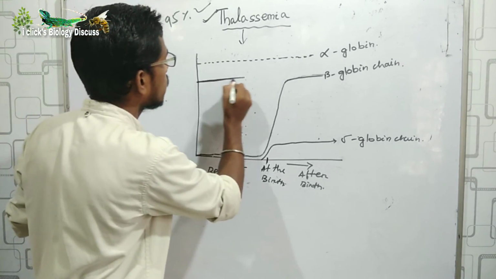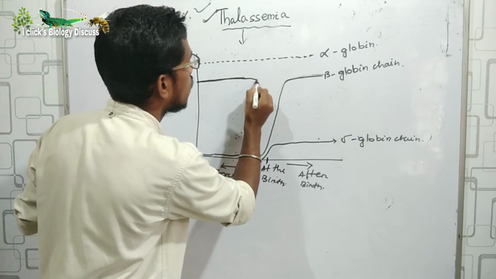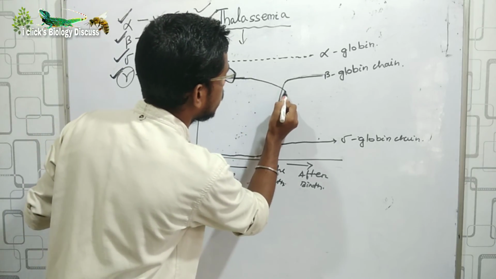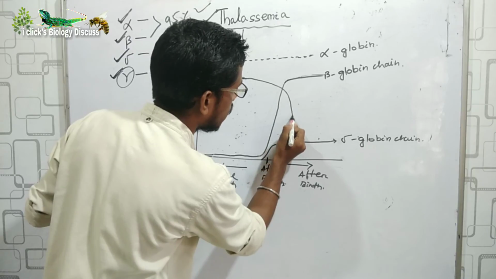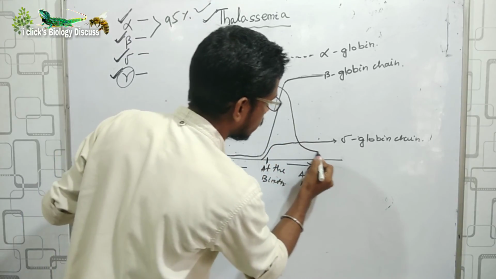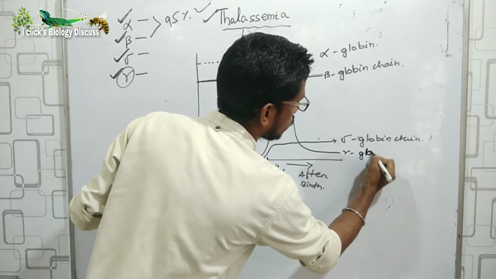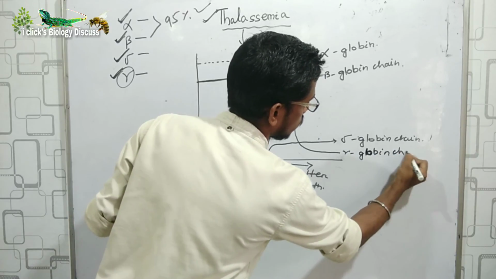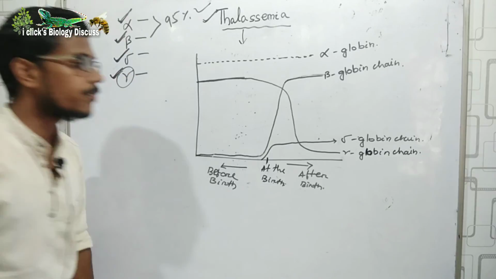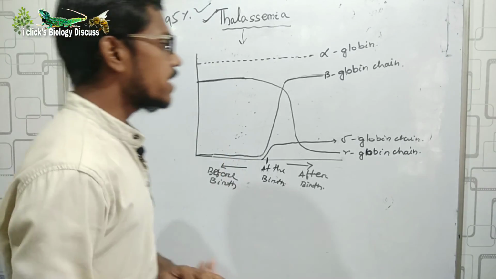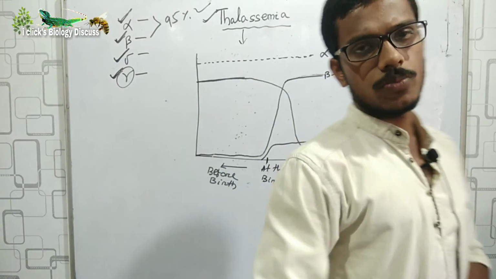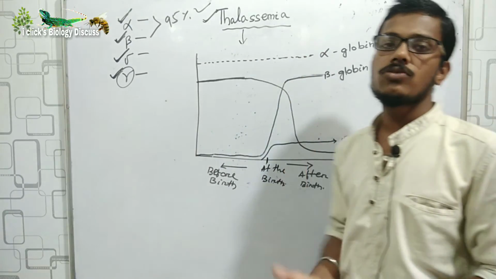This is the same as the amount of alpha, but this decreases after the birth, and decreases and decreases. This is for the gamma globin chain. So these are the times at which the gamma globin chain or alpha, beta as well as delta globin chain are synthesized.